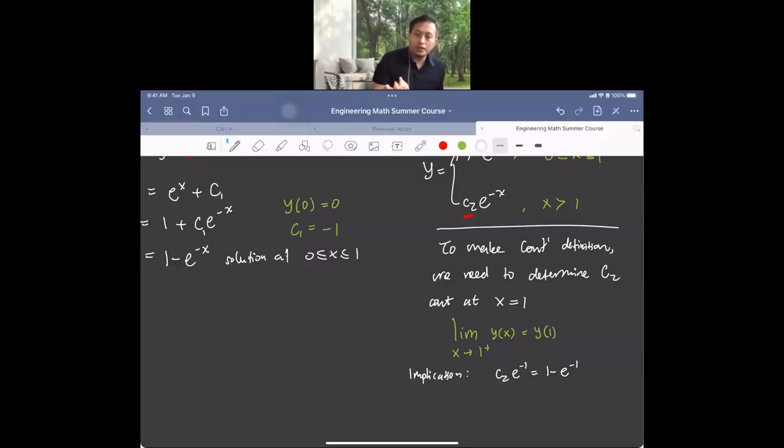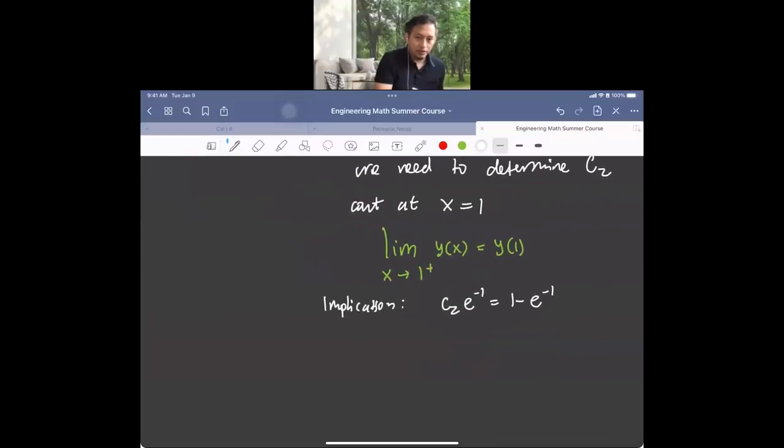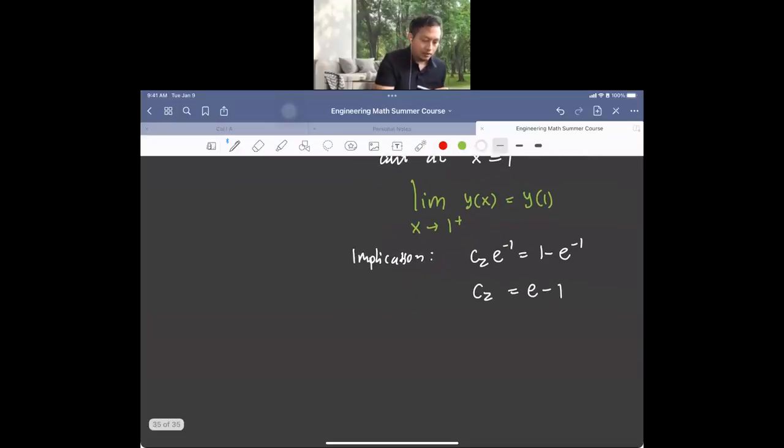The limit on the right should be the same as the left at that point, right? So we know that c2, dividing by e to the negative 1, is e minus 1.